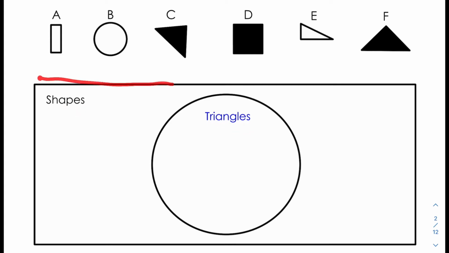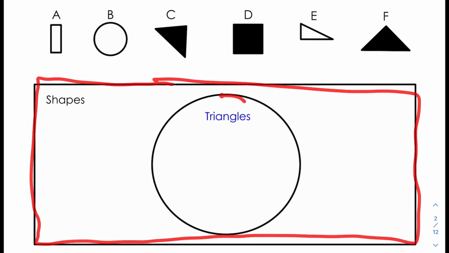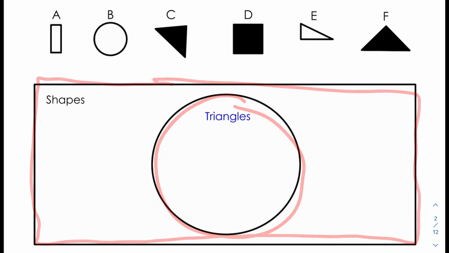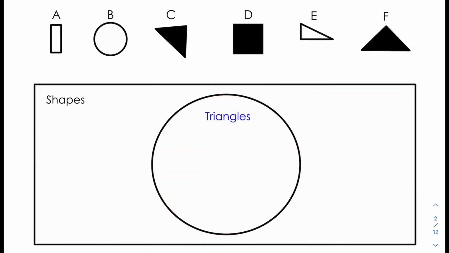So anything that goes anywhere inside this big rectangle, including the circle, will be a shape, and things that just go inside this circle will be triangles, and anything that's outside of both the circle and the rectangle are neither shapes nor rectangles. Sorry, neither shapes nor triangles.